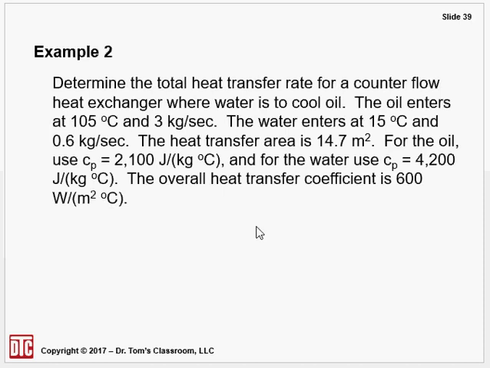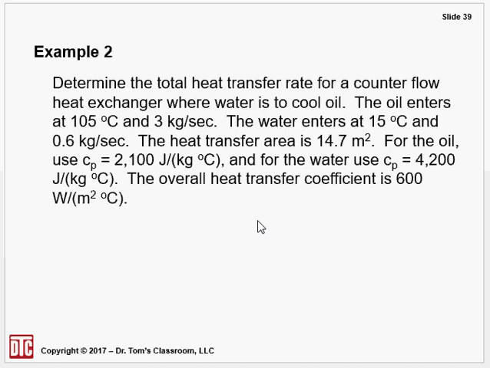Again, some of these numbers are there so that things come out nicely, so it's just numbers I'm picking. For the oil, use 2100 joules, that's a Newton meter per kilogram per degree C, just a number from some specific heat table for kind of a light oil. But again, it's just a number to use, and that's not too far off.